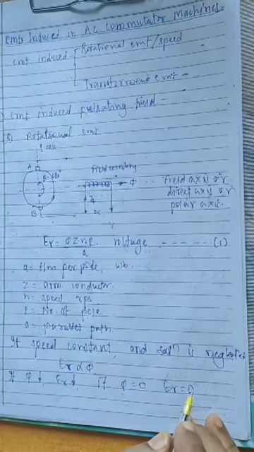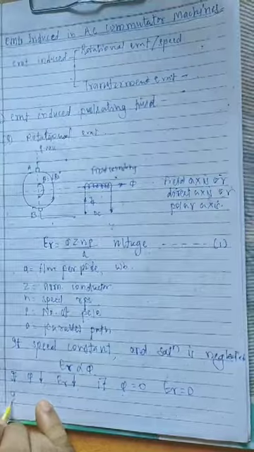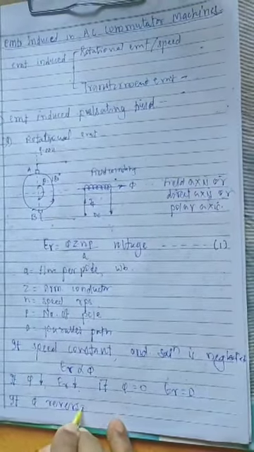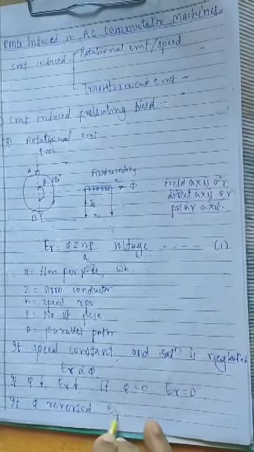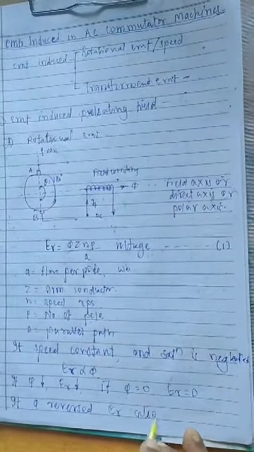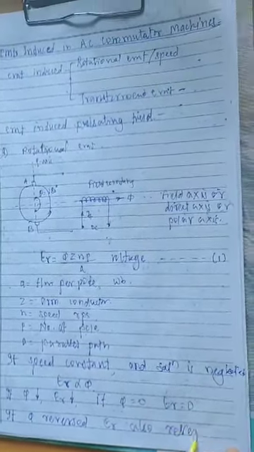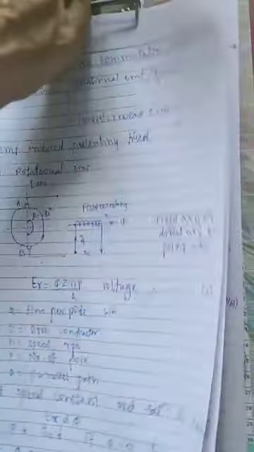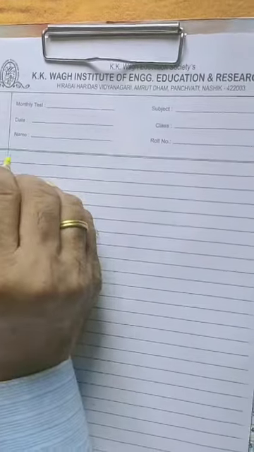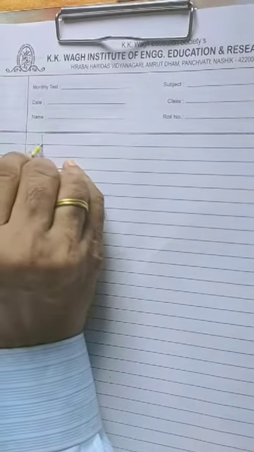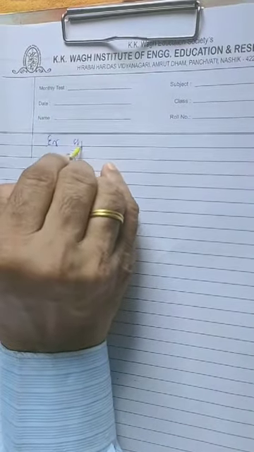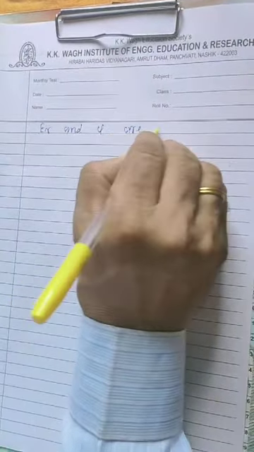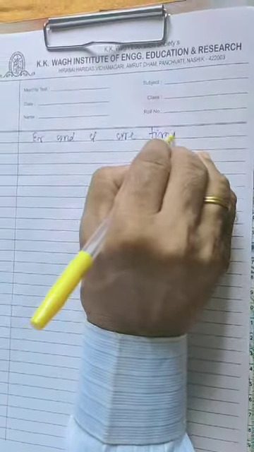It means that if phi is reversed, ER is also reversed. It means that ER, the rotational EMF, and flux phi are time in phase quantities.